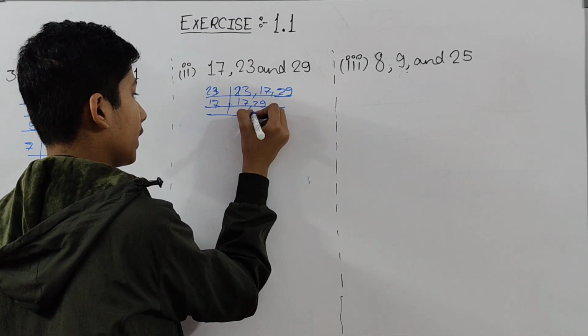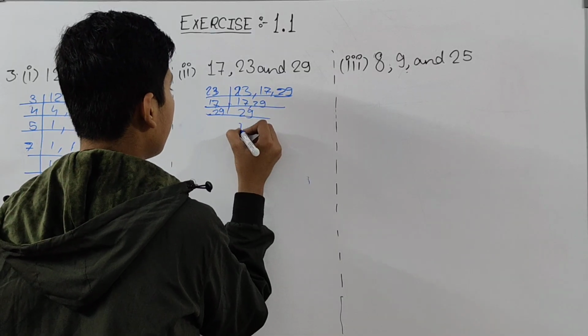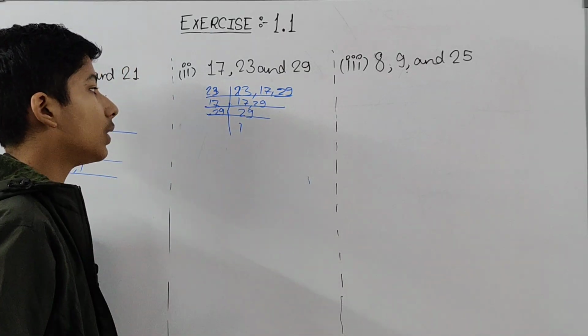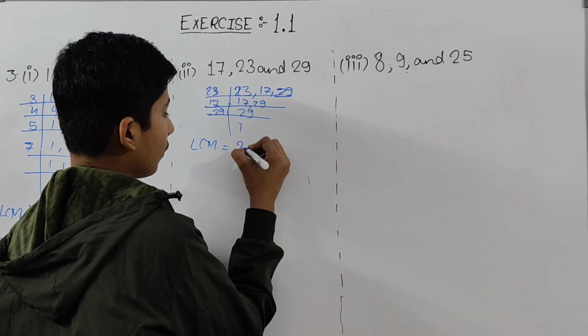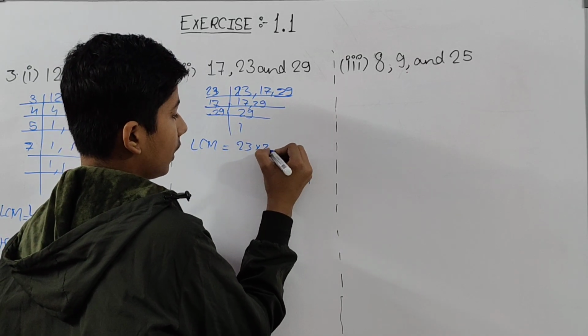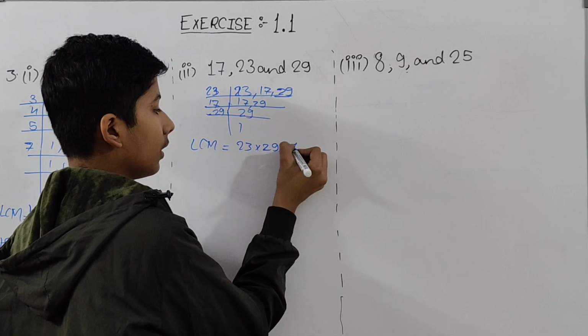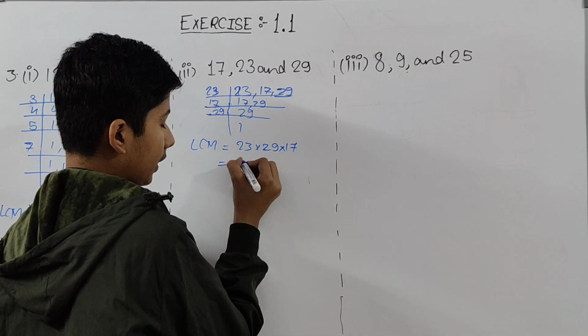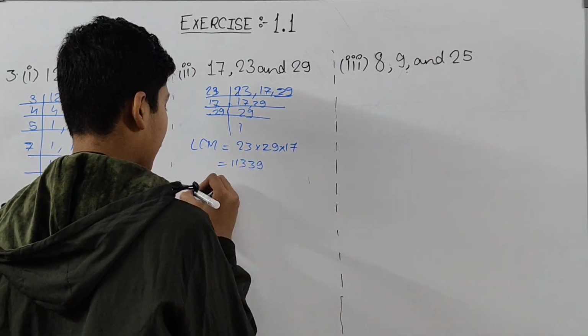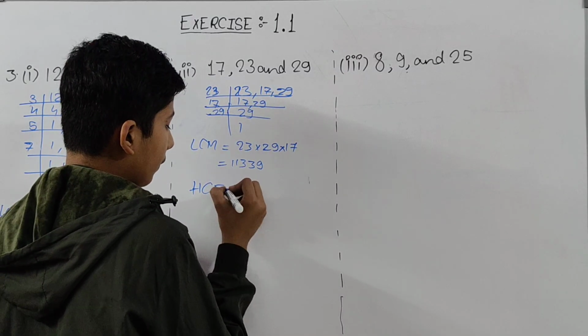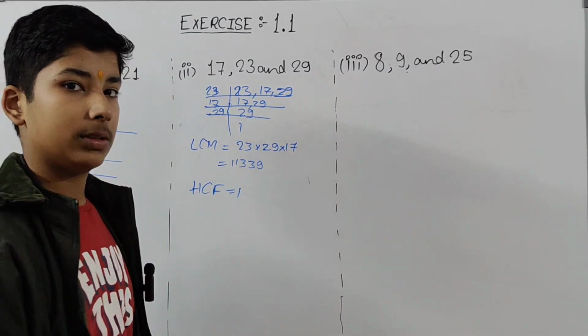So it would be 29. Then 29, 1. When we do this, now LCM will be equal to 23 into 29 into 17, which will be 11339. And HCF will be 1 because they are prime numbers.